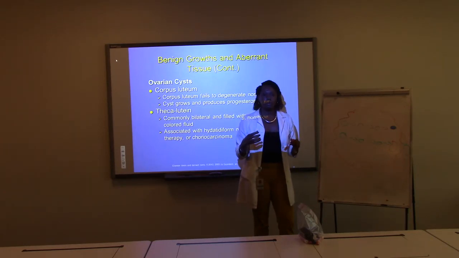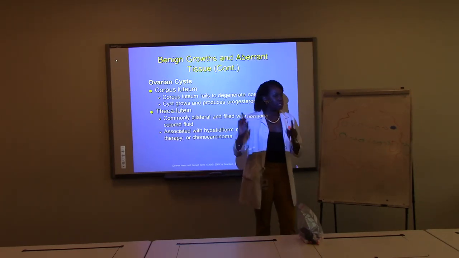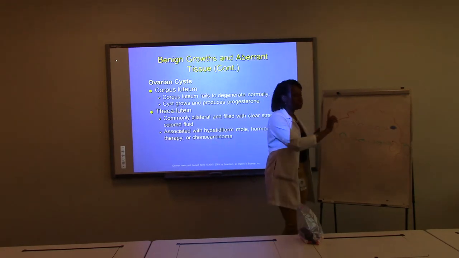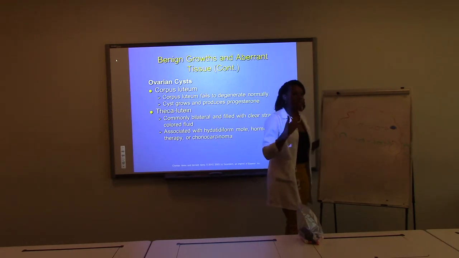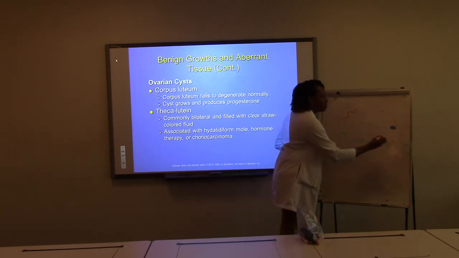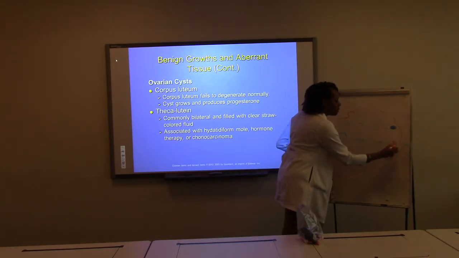Normally in a female who is not pregnant that month, the corpus luteum dries up and disintegrates. If a female is pregnant, the corpus luteum stays. In this situation, the egg is released, the female is not pregnant that month, and the corpus luteum stays inside the ovary where it's supposed to be dried up. When it stays inside the ovary, it turns into a cyst-like formation.